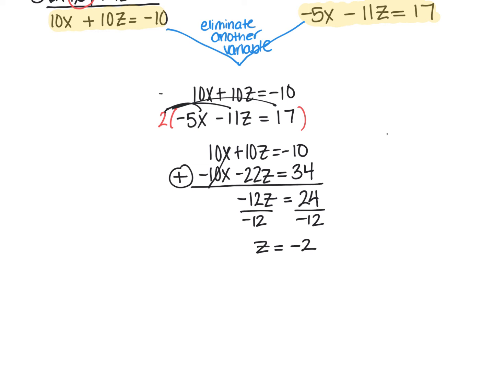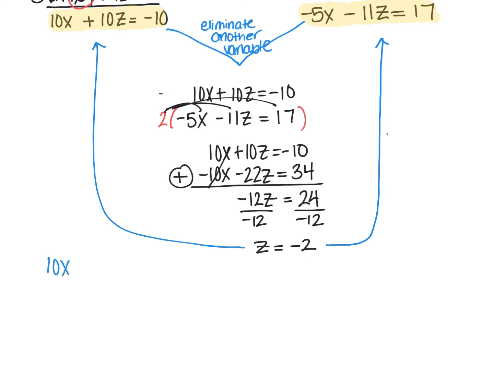So the next step is that you may choose either one of these yellow equations to plug z into. So it doesn't matter which one you choose. I am going to choose the first one. So 10x plus 10z equals negative 10. So plug into either. So I'm choosing the first one.